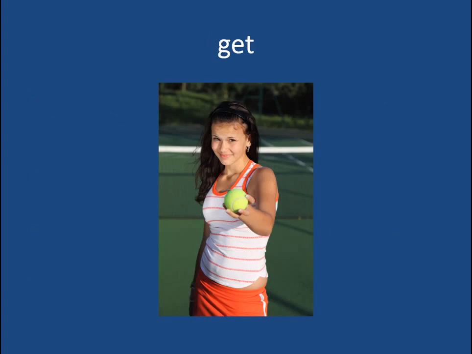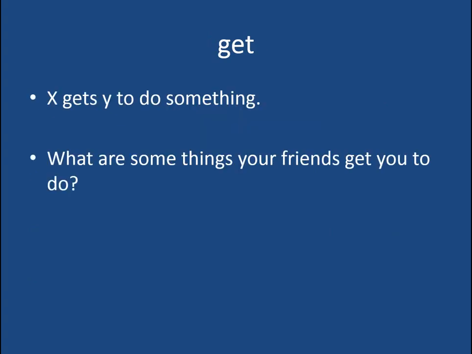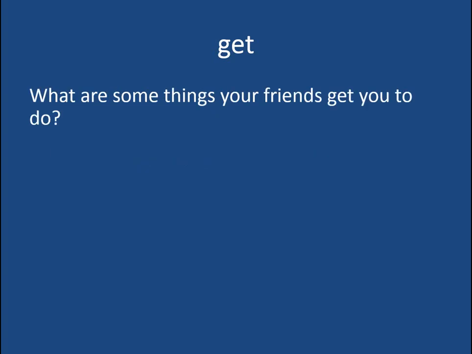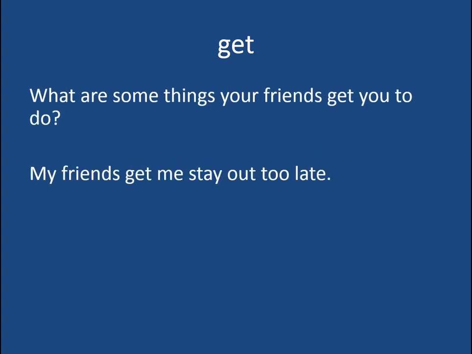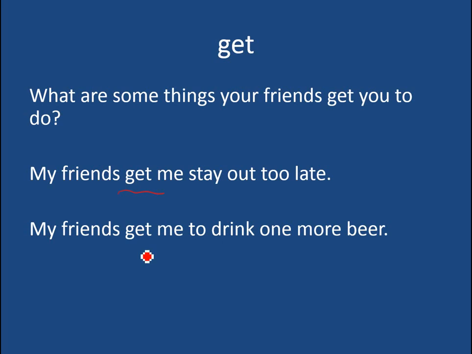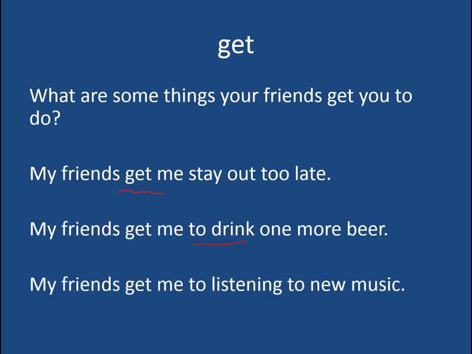One more verb, let's use get. X gets Y to do something. What are some things your friends get you to do? My friends get me to stay out too late. My friends get me to drink one more beer. My friends get me to listening to new music. In this situation, the first one is incorrect.